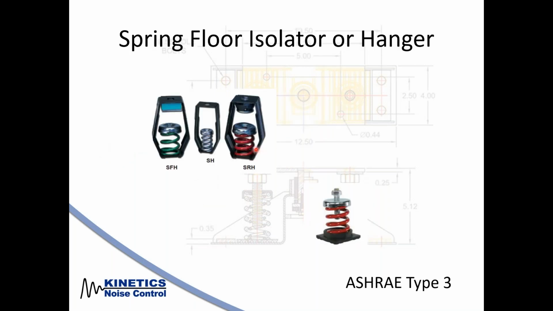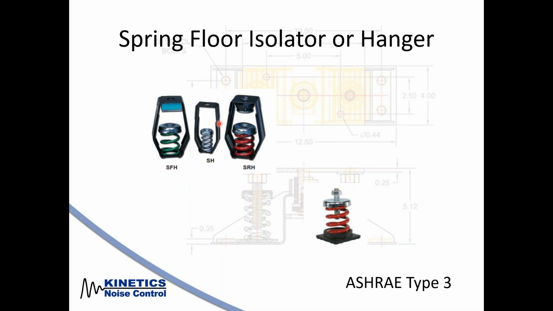An ASHRAE type 3 introduces the spring, whether it's a floor-mounted spring as shown here, or a suspended hanging spring hanger. So here you can see the all thread would go through and attach at the top of the spring, and then you would attach this to another piece of all thread, and then the equipment would hang below the hanger.